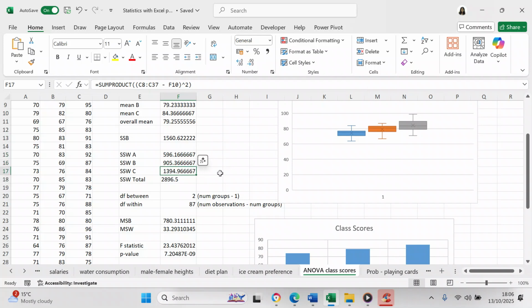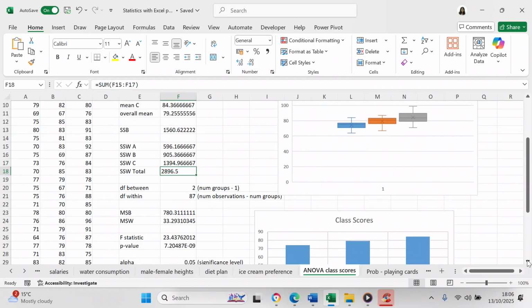And SSWC is a sum product of C8 to C37 minus F10, giving you a value of 1394. So that's minus F8, minus F9, and minus F10. And then your SSW total is the sum of F15 to F17.